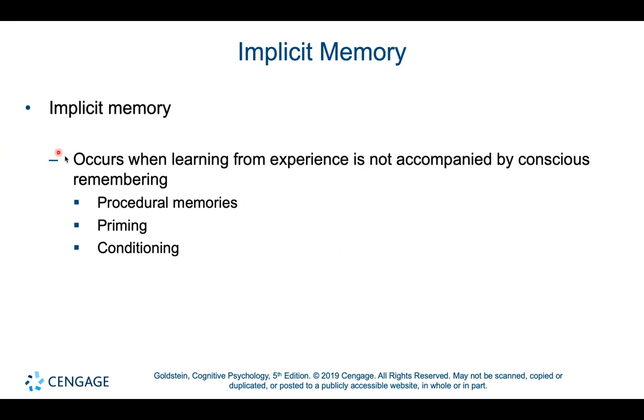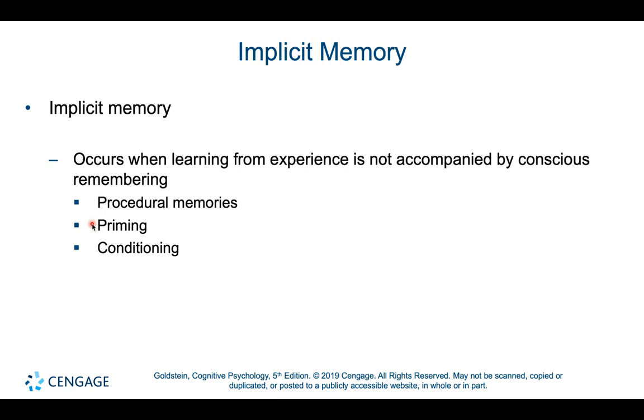So the textbook definition of implicit memory is learning that occurs from experience that is not accompanied by conscious remembering. So procedural memories, priming, which as we discussed before, are things like if I prompted you with the color red, and then I asked you to name vehicles, you would be more likely to say a fire truck than you would if I had primed you with the word maybe black or blue, and you might be more likely to say a police car.